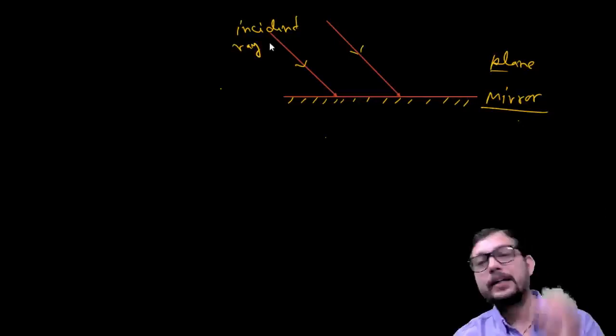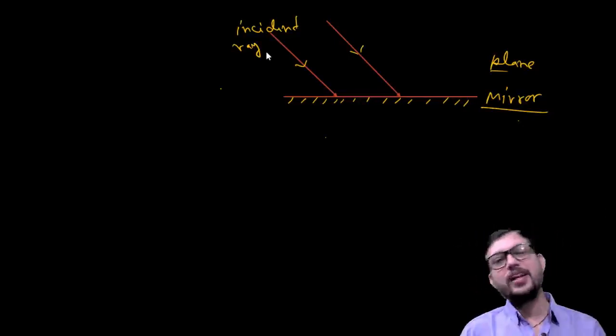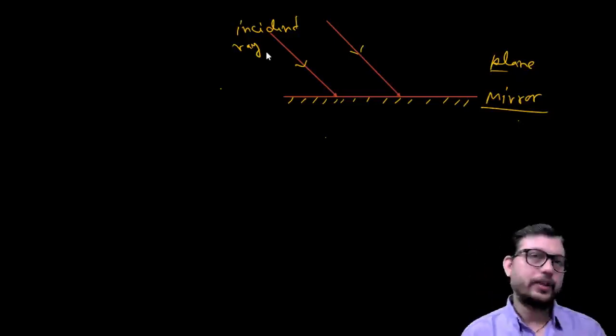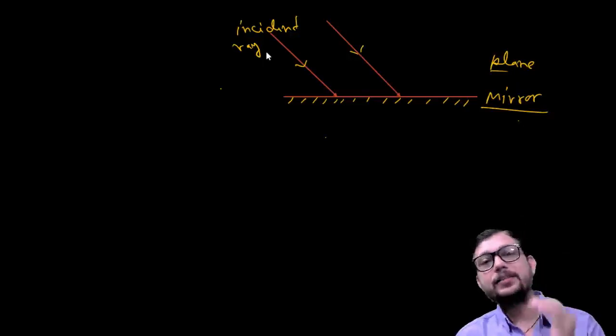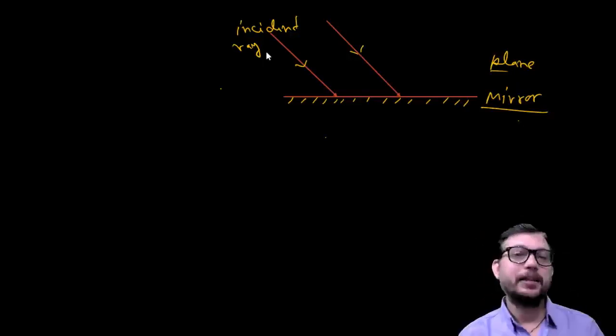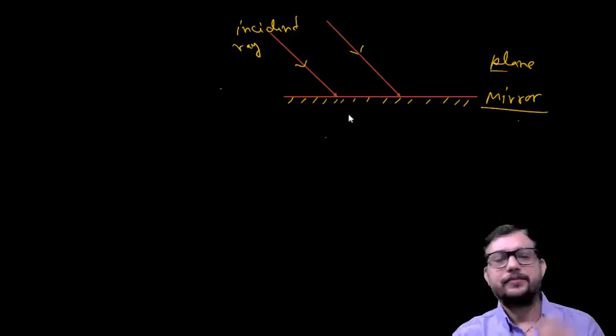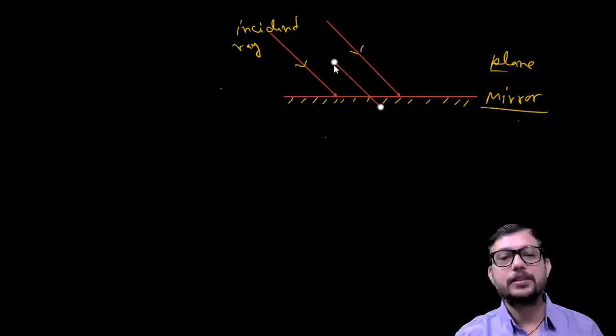So this is your plane mirror on which the parallel incident rays are falling. Now as we have discussed earlier, in the laws of reflection the light bounces back in the same medium. If we take the same concept here, then we have a normal like this way, this be your normal, and this be your normal.